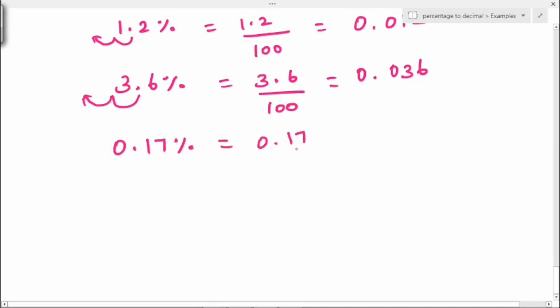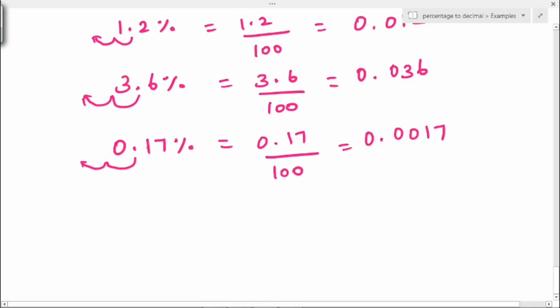Suppose we have 0.17 percent. That is 0.17 divided by 100. Again we start from this point. So that is 1 and 2. In this gap we fill 0 again. We start with 0 point, and in this gap we write 0.